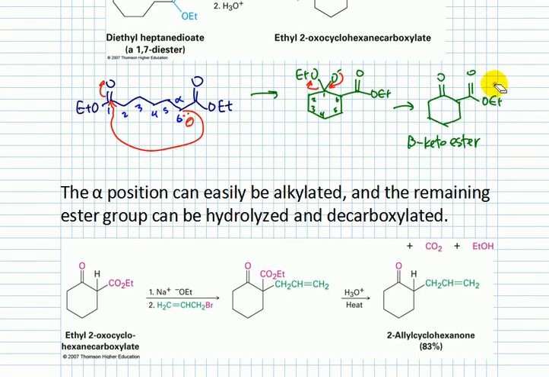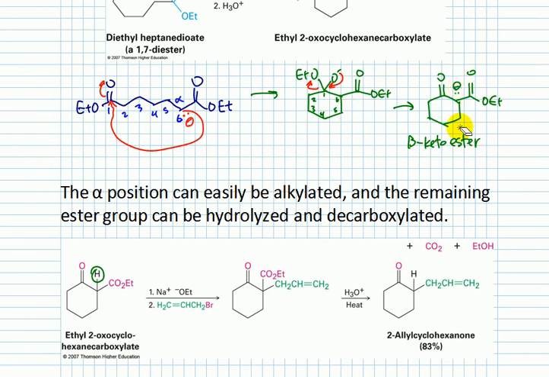Say we have the product right here of a Claisen reaction or a Dieckmann cyclization. Since we have 2 carbonyls beta to each other, and remember the second step, of course, is, I probably better draw that.